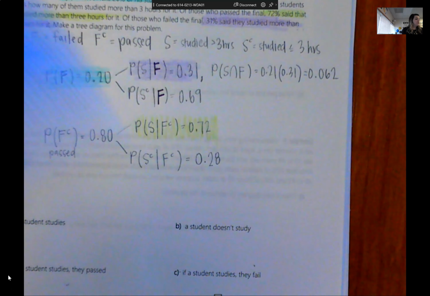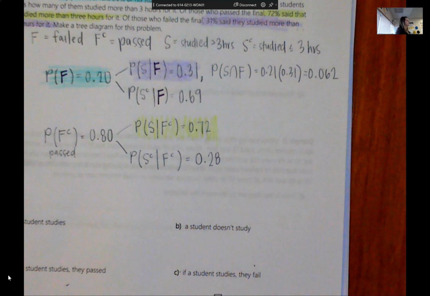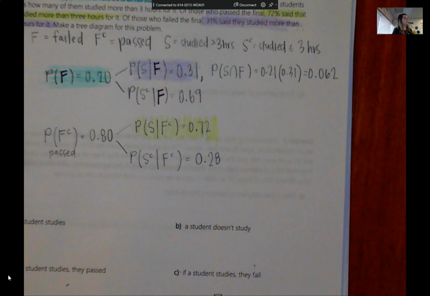So the probability that you randomly select one of the kids, and they're a kid that studied and failed, is very small. It's 6%. That makes sense. If you studied, you probably would not have failed.